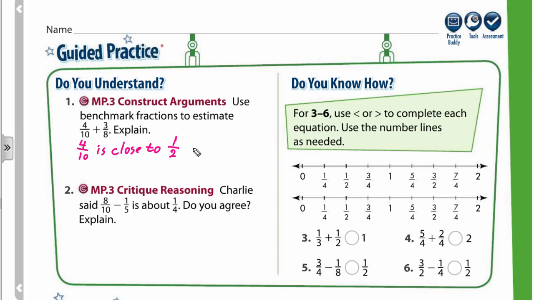Great. I will use the half. And all of us, we know that half is the same as 2/4. And 3/8 is close to half. Great.